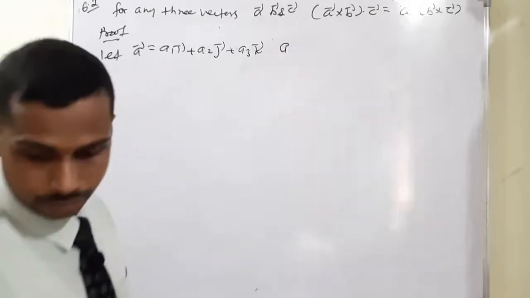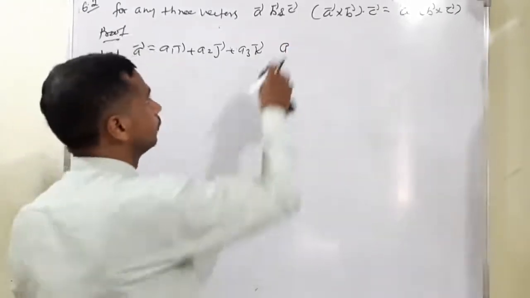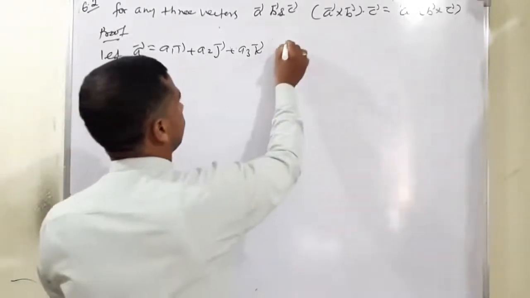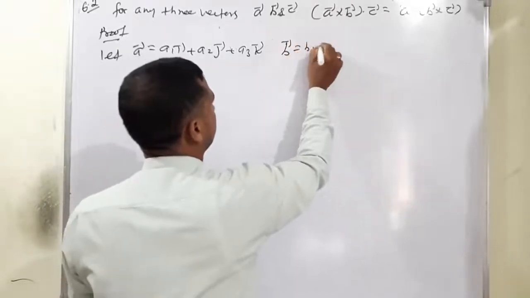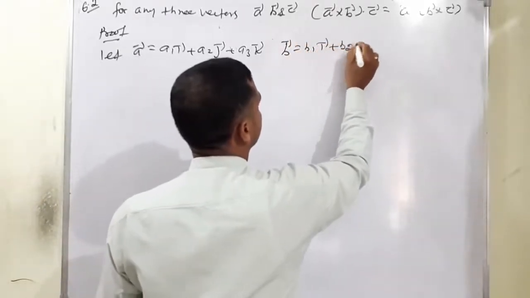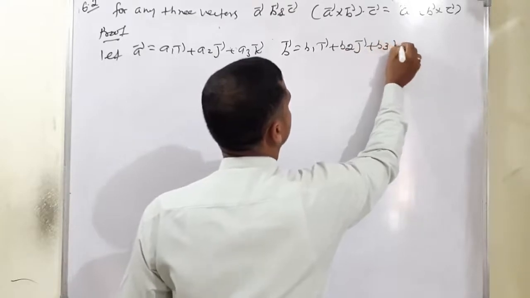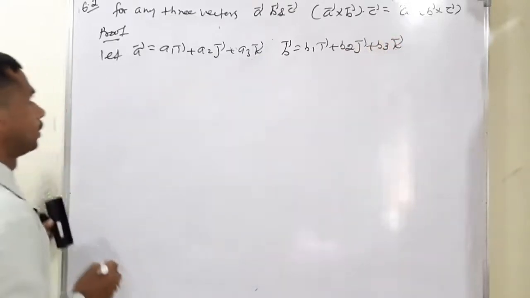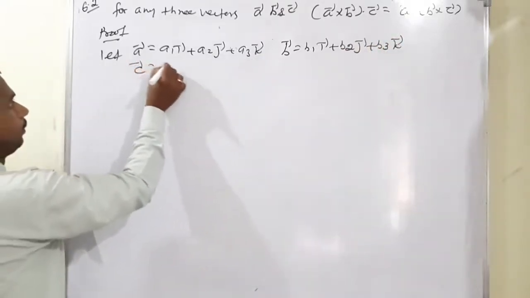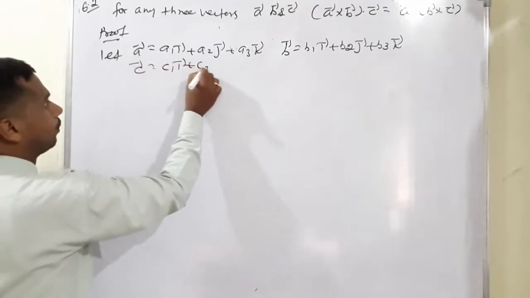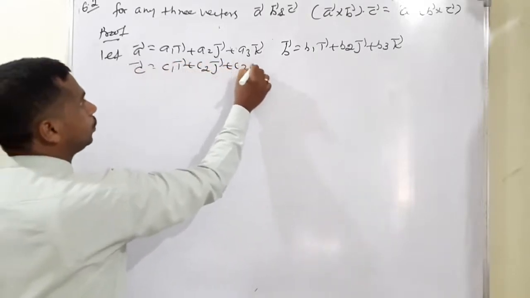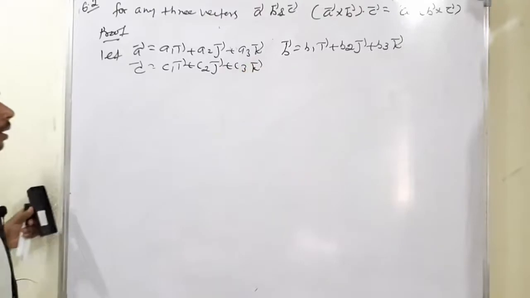Then B vector is equal to B1 I vector plus B2 J vector plus B3 K vector. Then C vector is equal to C1 I vector plus C2 J vector plus C3 K vector.